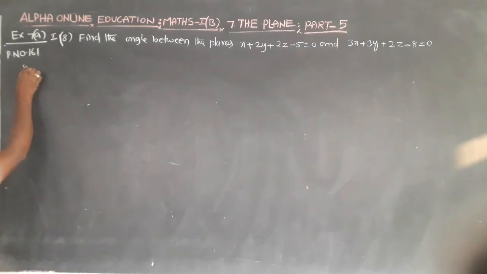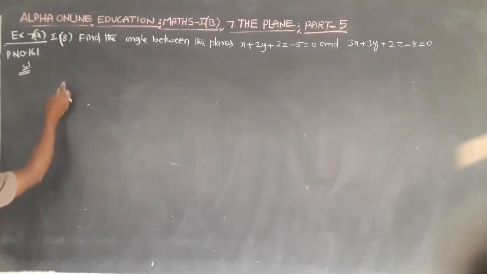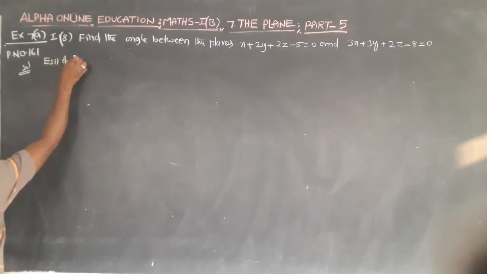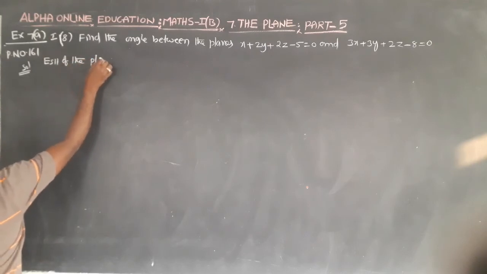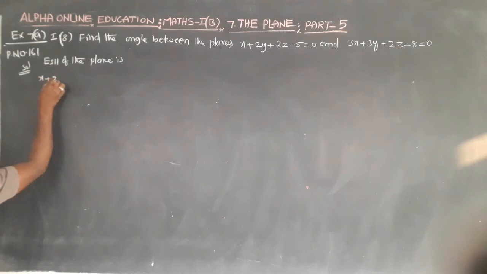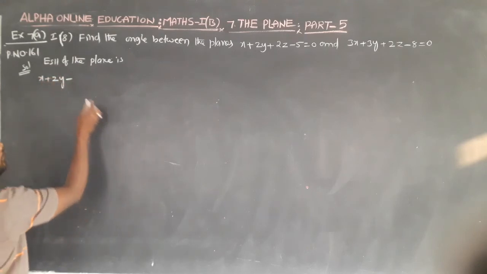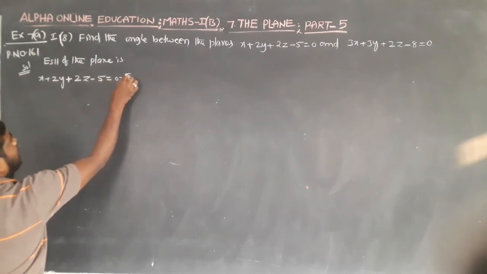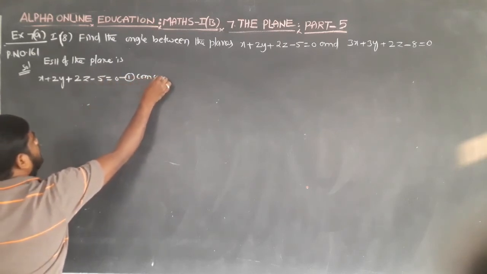First of all, given planes comparing with general forms, equation of the plane. First plane is x plus 2y plus 2z minus 5 is equal to 0.